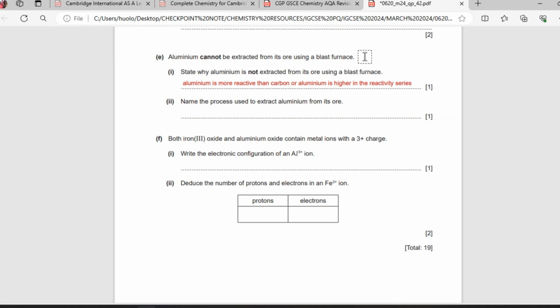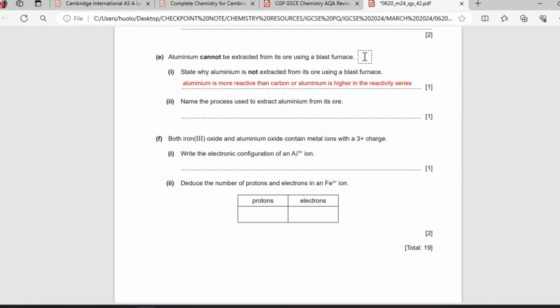So whichever way you put it, what you are trying to paint is that aluminium is more reactive than carbon. You can't just say aluminium is more reactive and go away. More reactive than what? Please mention that it is more reactive than carbon, or carbon is less reactive than aluminium.